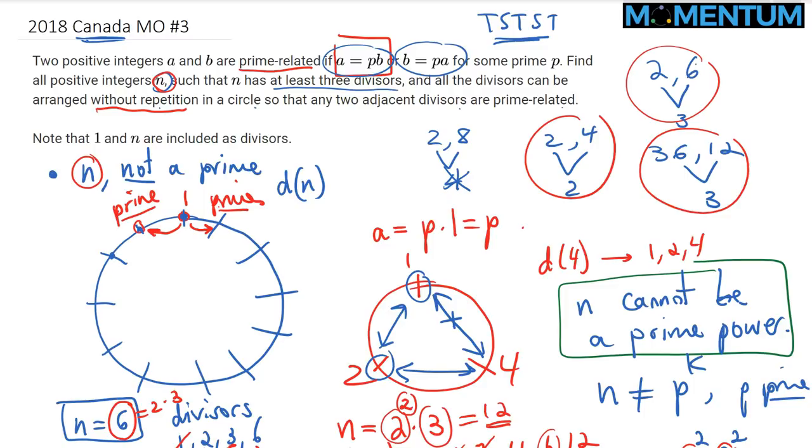But yeah, going back to this problem, the answer is that this construction is possible. You can put all the divisors of a number n on a circle such that two adjacent entries are prime related, as long as our number n is not a power of a prime number, or a perfect square.